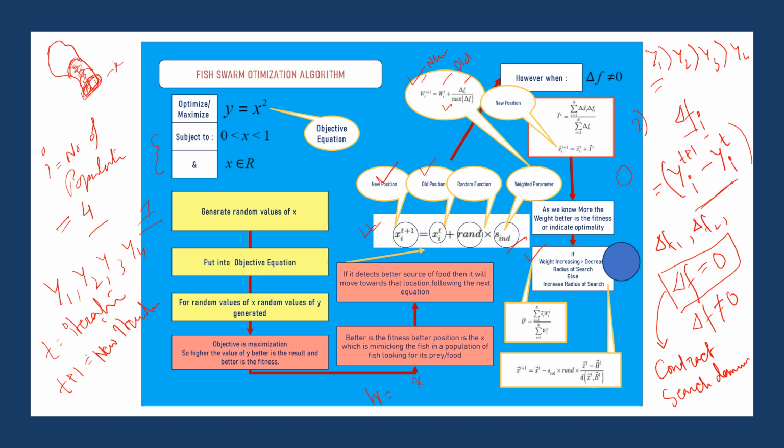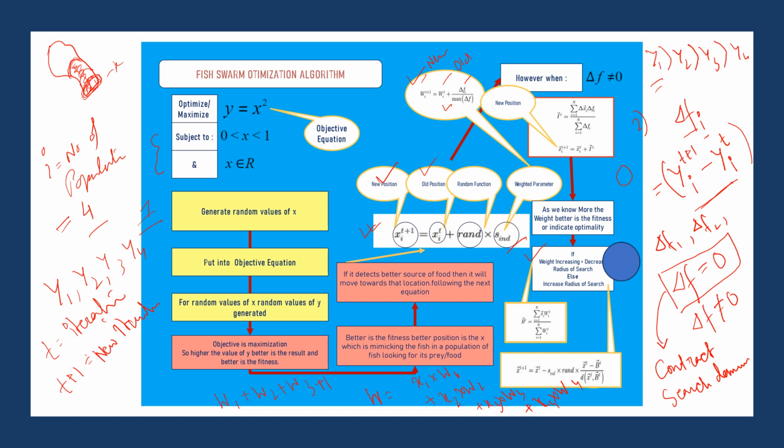Here we have generated only 4 values of x, so x1 will be multiplied with the weight of x1, plus x2 into w2, plus x3 into w3, plus x4 into w4. This will be in the numerator, and in the denominator, just the summation of all the weights.